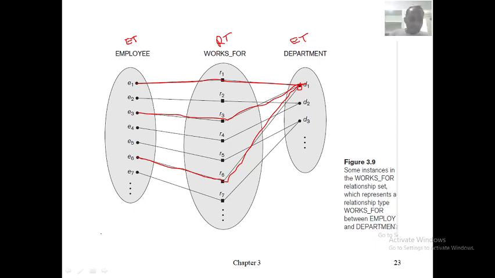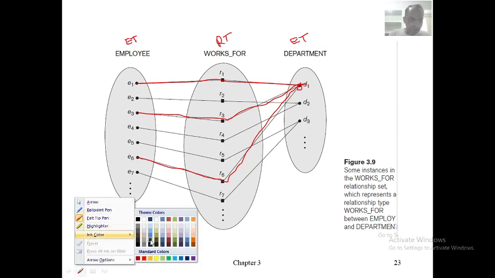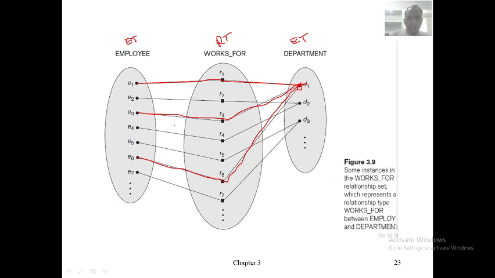Got it? Let me take a different color. Then E2 works for department 2. Similarly, who is this? E4 is also working for department 2.